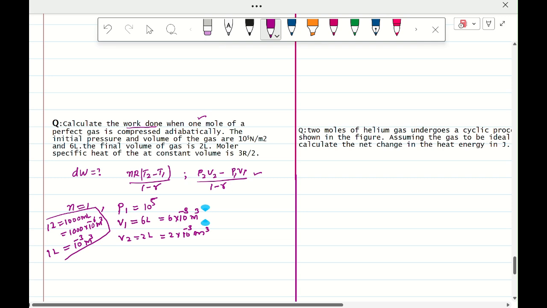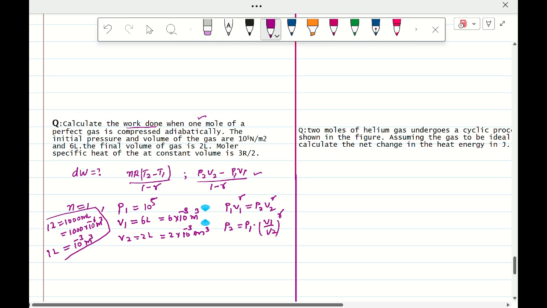Now for the work done, I don't know P2. To find P2, this is adiabatic compression, so P1 V1 power gamma is equal to P2 V2 power gamma. Then P2 is equal to P1 into (V1 by V2) whole power gamma.